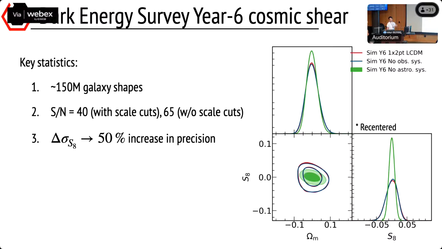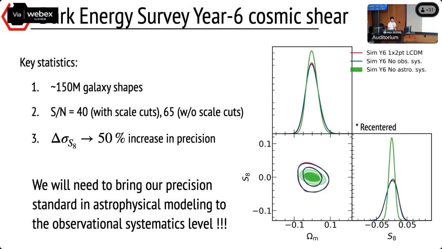And if we had a perfect knowledge of how baryonic feedback impacts the matter clustering and how intrinsic alignment contaminates a shear signal, then, and if we don't have to waste any data, our precision would improve by 50%, as you can see as a green contour here. So I believe that bringing the community together to better model astrophysics is pressing for Stage 4 surveys.